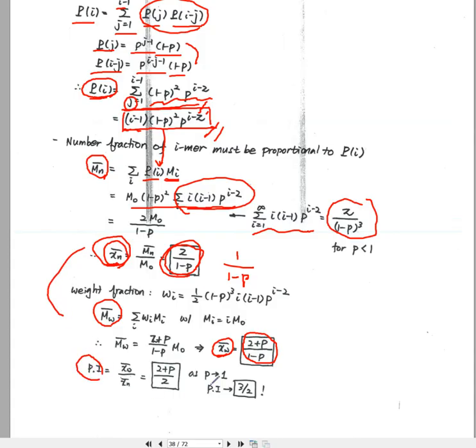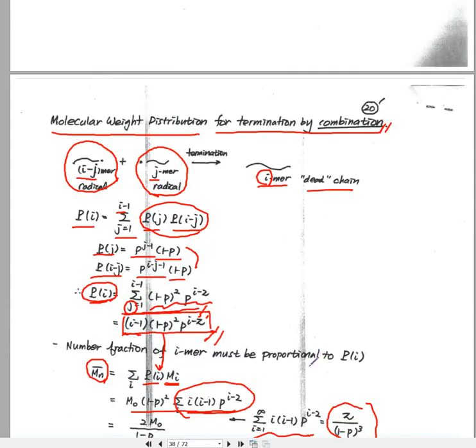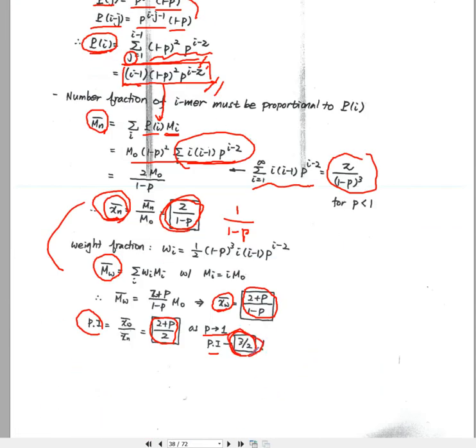PDI is equal to 2 plus p over 2. So if you take this probability p to 1, then the PDI value approaches 1.5. It's different, right? In disproportionation, it was 2, but in the combination case, it's 3/2.